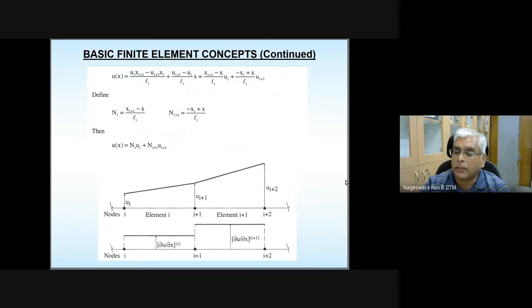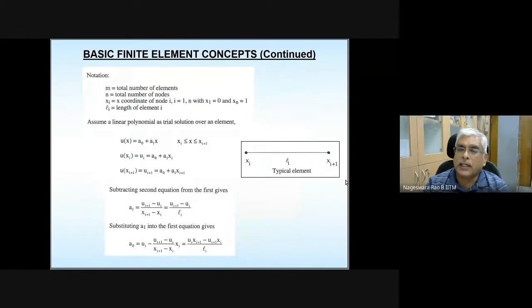One more important point. Here, this equation, u is equal to a0 plus a1x. If you are using the Galerkin method, what is the weight function? The weight function is nothing but the partial derivative of u with respect to the unknown coefficients. That is your weight functions.